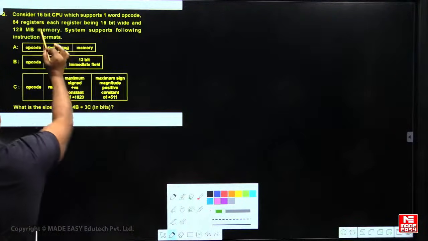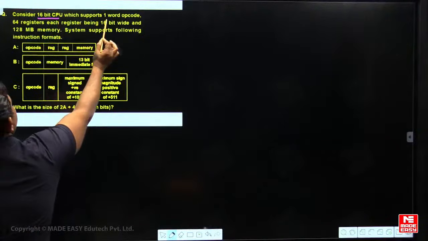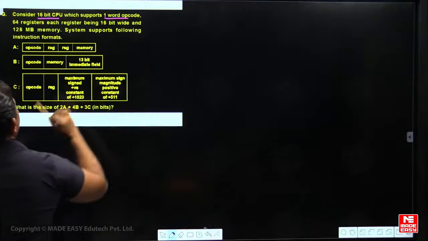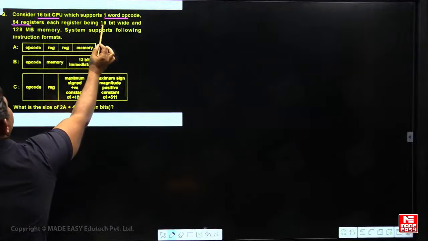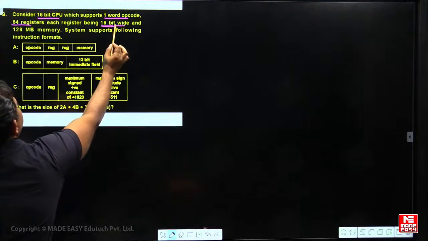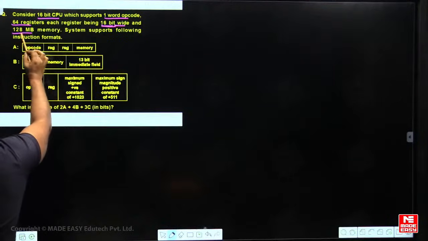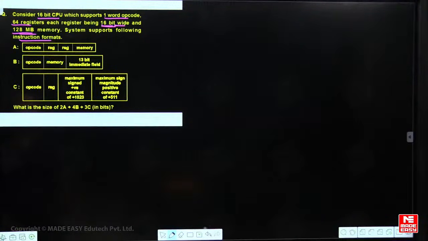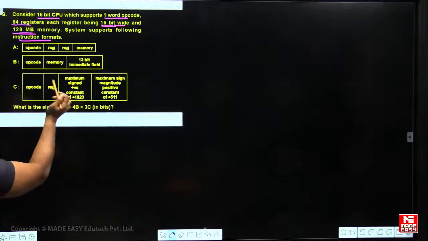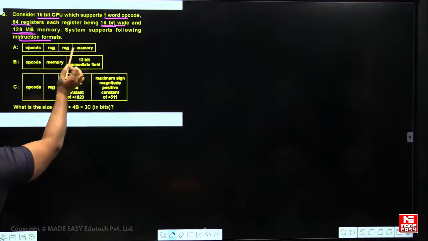Read the question. Consider a 16-bit CPU which supports one word opcode, 64 registers, each register being 16-bit wide, and 128 MB memory. The system supports the following instruction formats. In format A: opcode, register, memory.